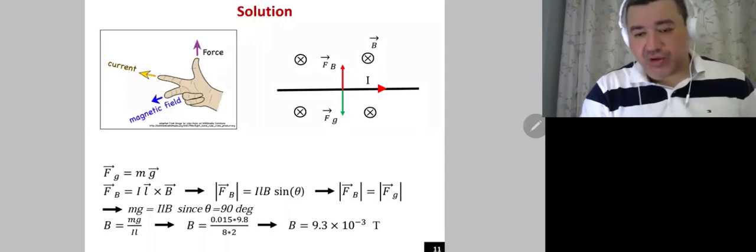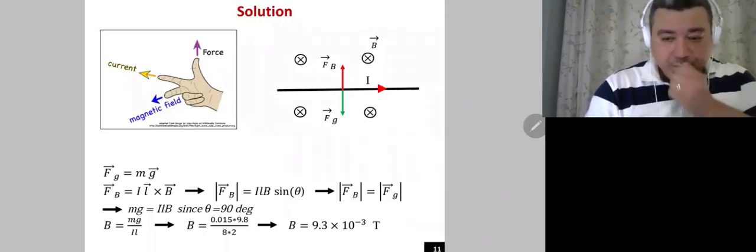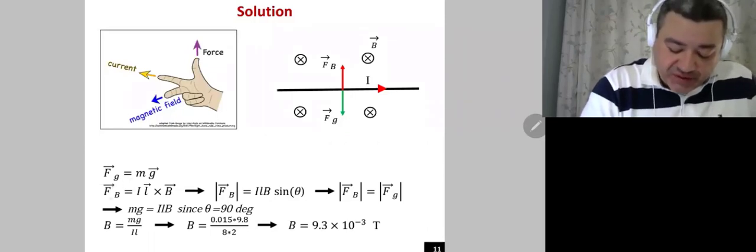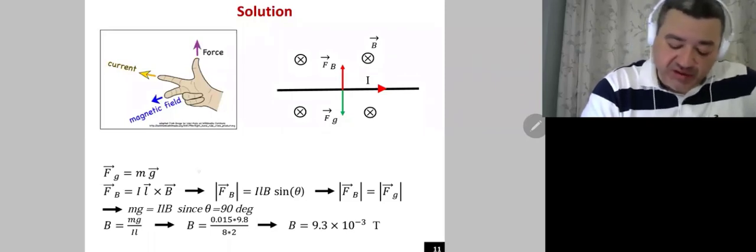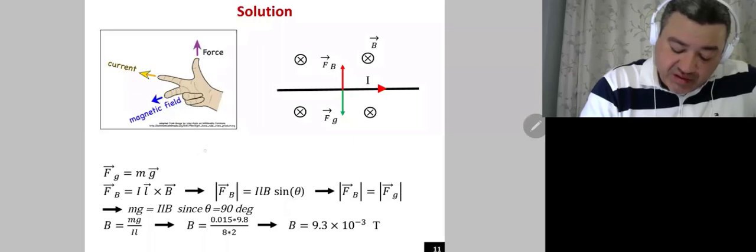Then we need to calculate the value for this magnetic field. So we said the gravitational force Fg equals mg. g is the acceleration due to gravity, and m is the mass.